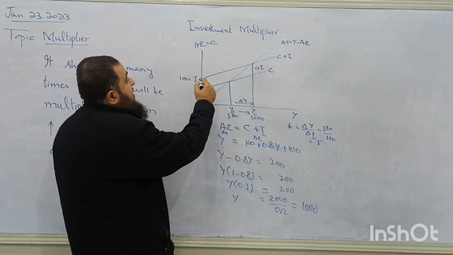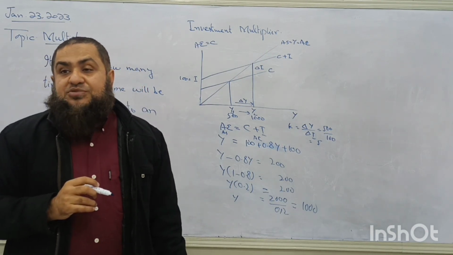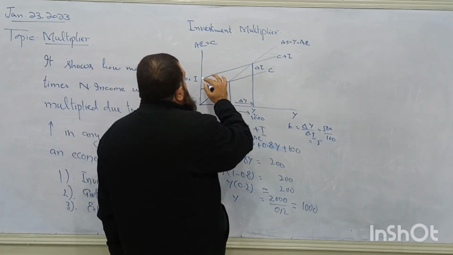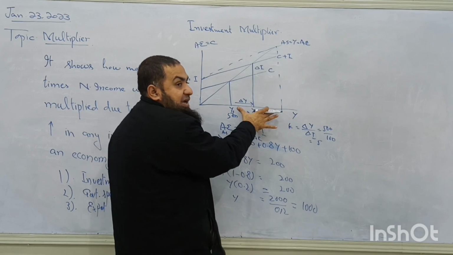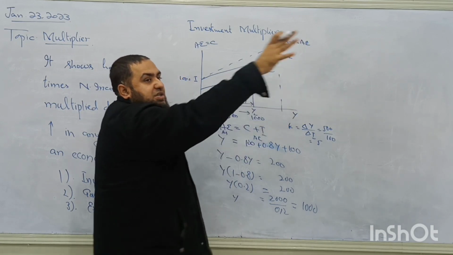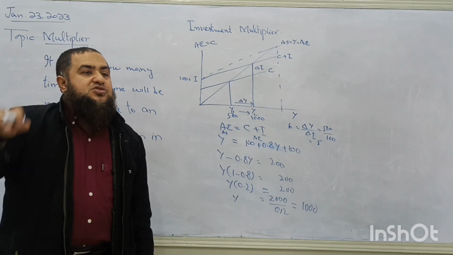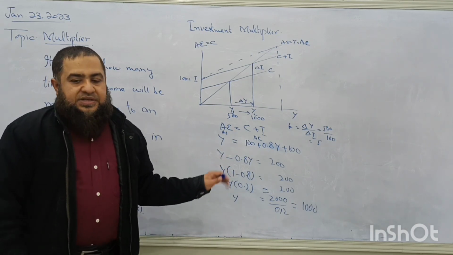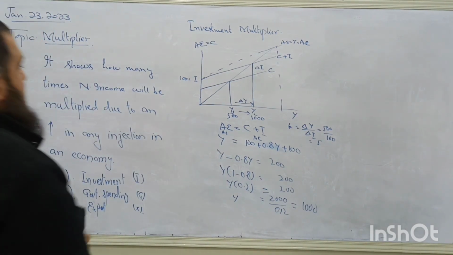So if the consumption line becomes steeper, the value of the multiplier will increase. For example, it is now 0.9, so the income level will go up here. More change in income will take place when MPC increases or MPS decreases. Clear or not? Diagrammatically, we have also shown how to see the multiplier.